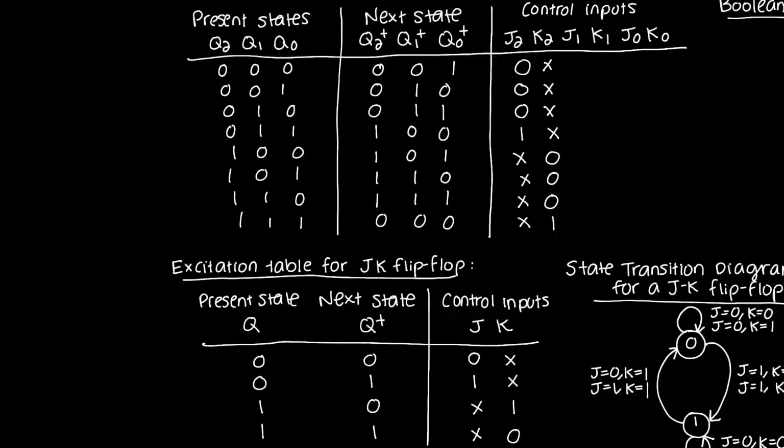So what about the flip-flop corresponding to Q1? Again, I am going to look at the row corresponding to Q1, next state Q1, and I am filling in these control inputs here, J1 and K1. In the first row, I'm transitioning from a 0 to a 0, so I already know that's a 0x.